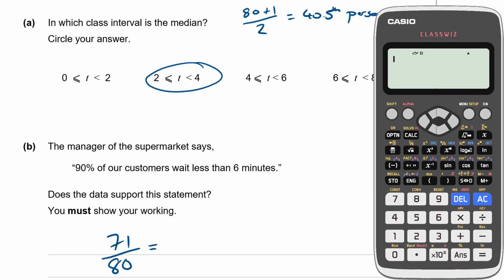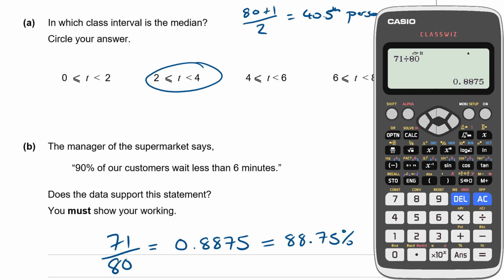Okay, typing that into the calculator, 71 divided by 80 equals, now you see it gives you a fraction, but if you press the symbolic to decimal button, that converts it to 0.8875, which is 88.75%.